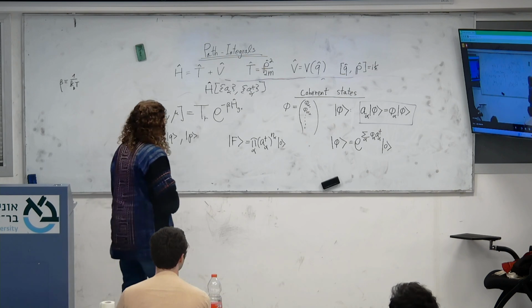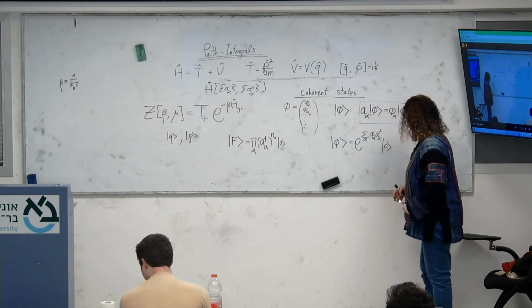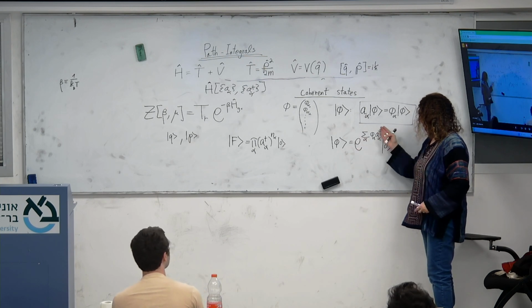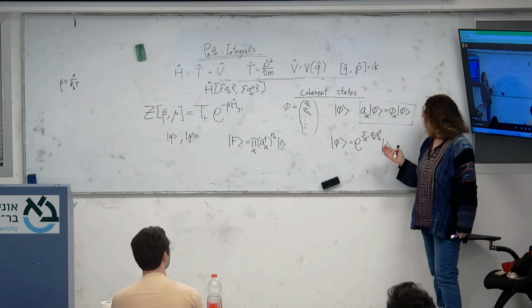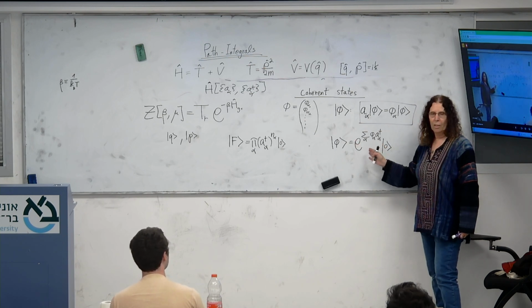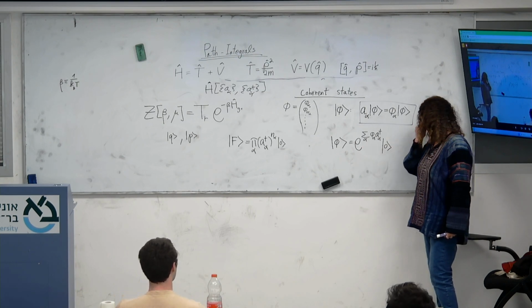So that's a coherent state, and you can easily see that not only is it not a Fock state, if you open up the exponent, it's an infinite series, right?